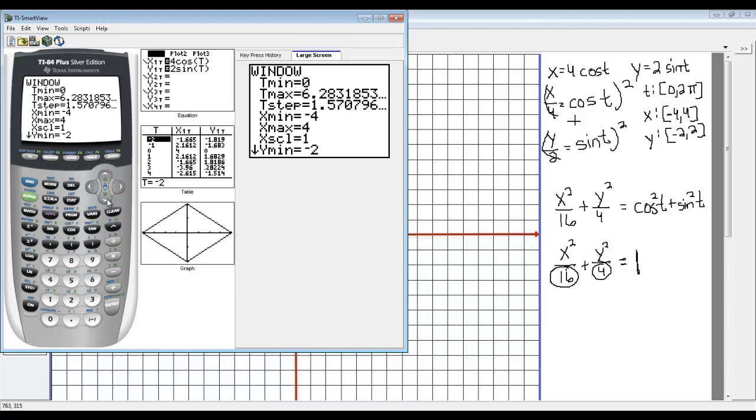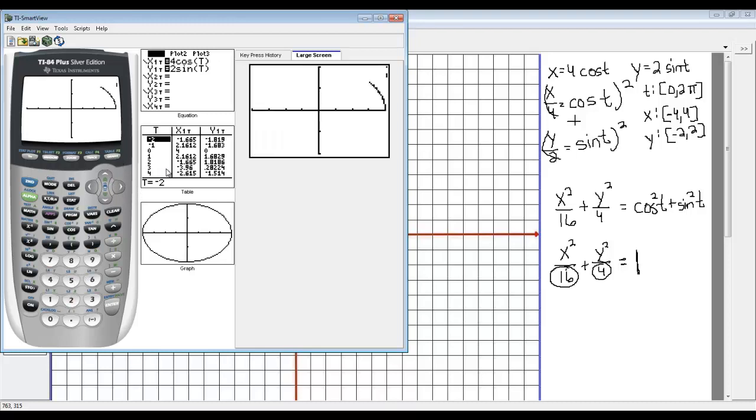T max is 2 pi. Wonder if my t step might be too much. Let's try 0.05. See what happens. And then my x min was negative 4. Yeah, my t step was too much. It wasn't getting around enough shape. Negative 4 to 4, scale 1. Alright, so let's go back up to t step. What if I do 0.025? See what that does. Yeah, that's probably as good as it's going to get.